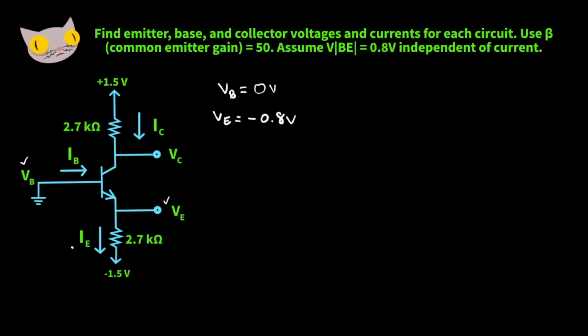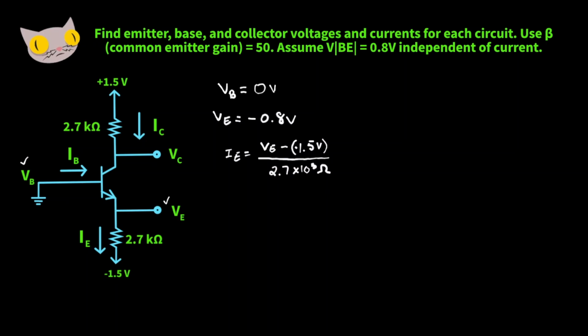Next, let's try to find the value of the emitter current. So the emitter current is going to be equal to the emitter voltage minus negative 1.5 volts, and we're going to divide by this resistor here, 2.7 k ohms. That's 2.7 times 10 to the third power ohms.